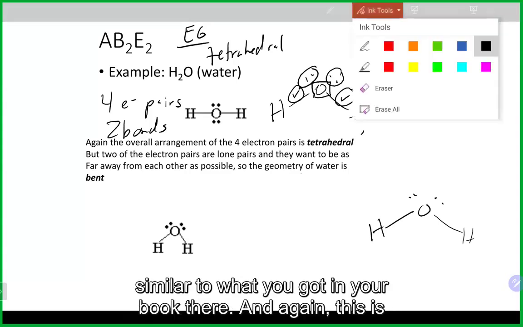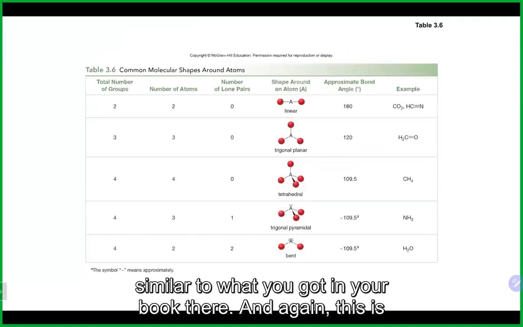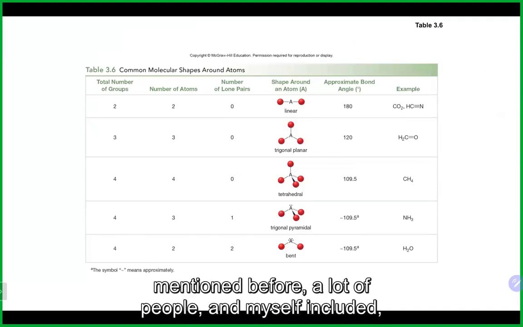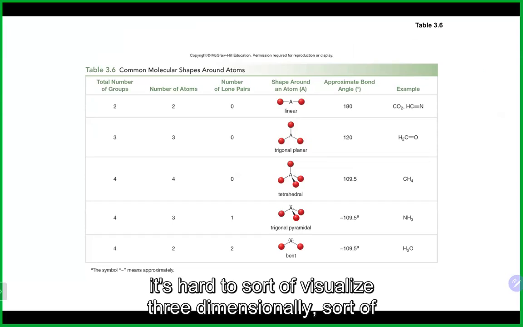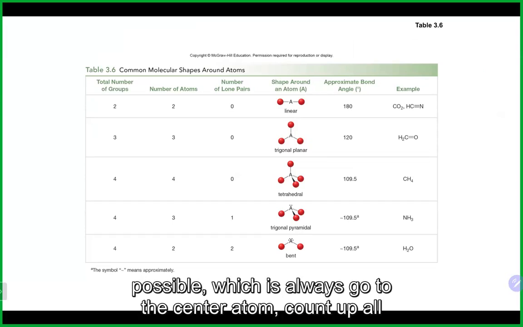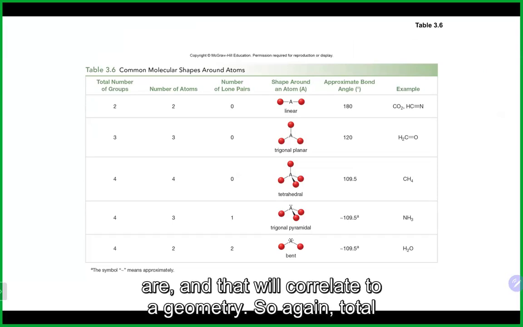So here's a table similar to what you have in your book. And this is really the best way to think about geometry. As I mentioned before, a lot of people, myself included, find it hard to visualize three-dimensionally what's going on. So you want to keep it as simple as possible: always go to the center atom, count up all the electron pairs that are present and how many bonds there are, and that will correlate to a geometry.